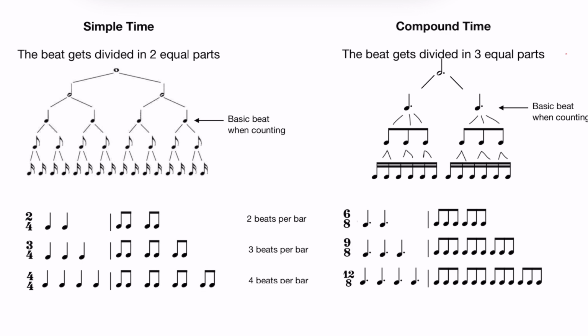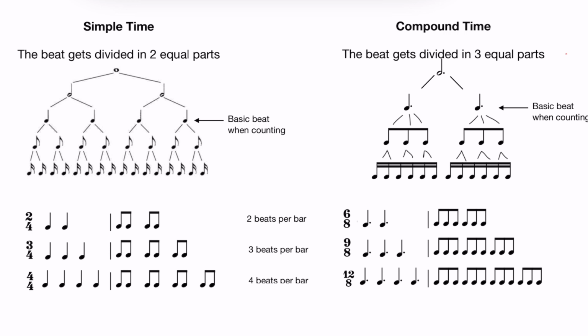So the new time signature that we're going to see is in compound time, and that time signature is 6/8. Compound time means that the beat gets divided into 3 equal parts. If we divide a quarter note into 2 parts, we get 2 eighth notes. Well, in compound time, we want 3 eighth notes.